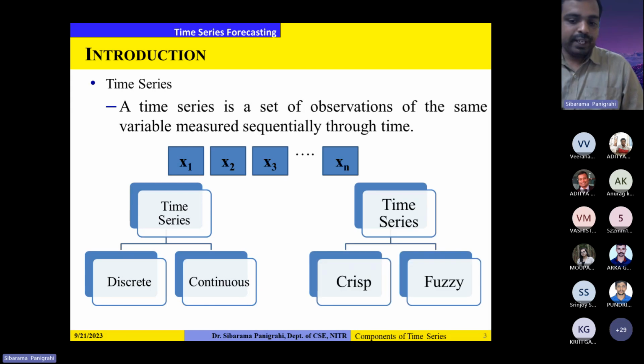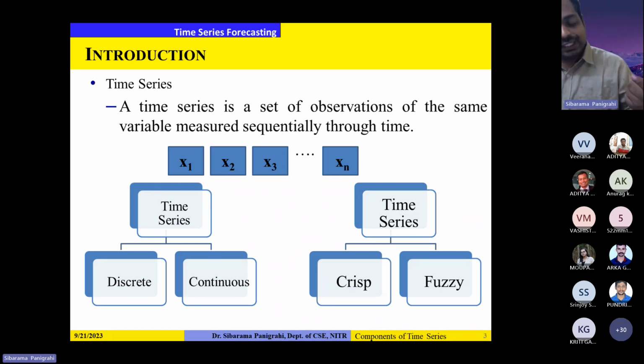The time series may be crisp valued or it may be fuzzy valued. Crisp value means, suppose we are measuring the temperature outdoors. Let's say the temperatures are 40 degrees centigrade, 35 degrees centigrade, 28.9 degrees centigrade, 25.8 degrees centigrade. If the measurements are from a real domain, then it is called a crisp time series.